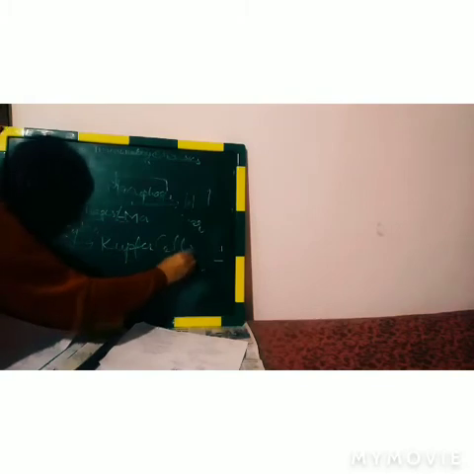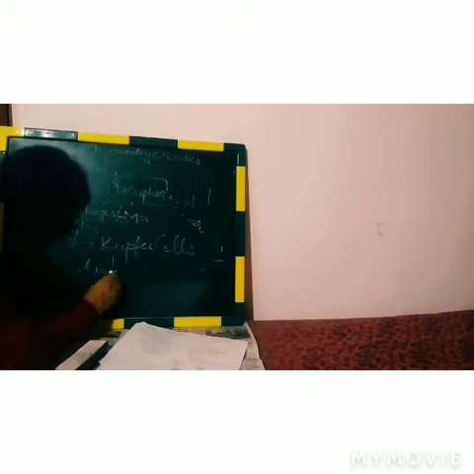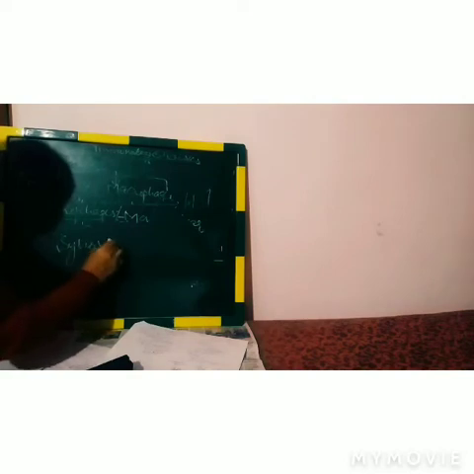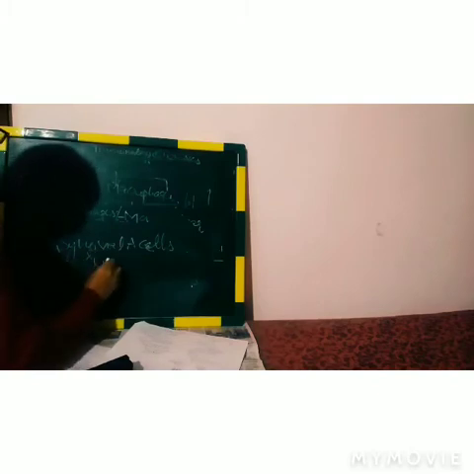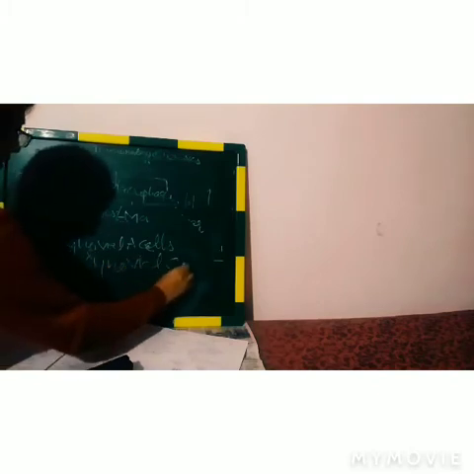So, for example, within the tissues, Kupffer cells are present; they line the sinusoids. Similarly, another example is the synovial A cells; these line the synovial cavity.